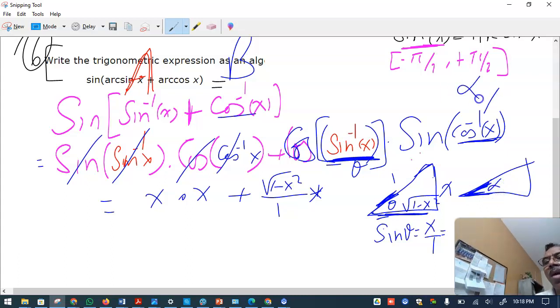So cosine of alpha is x over 1, and the adjacent is x, and the opposite becomes root of 1 minus x squared.